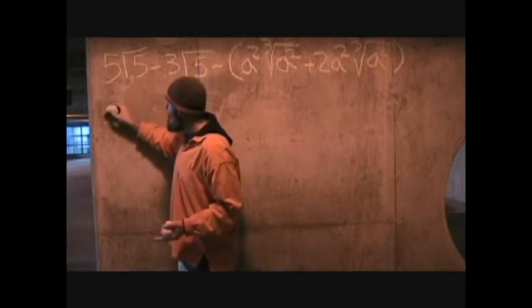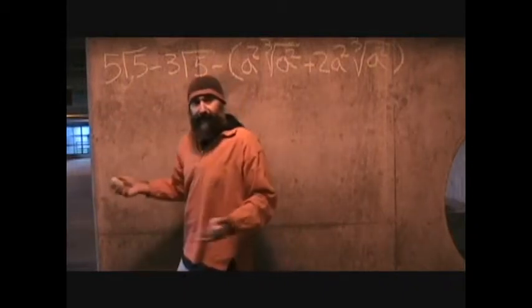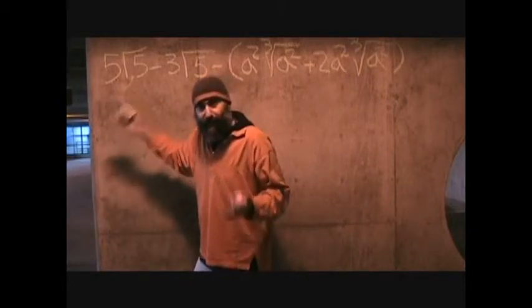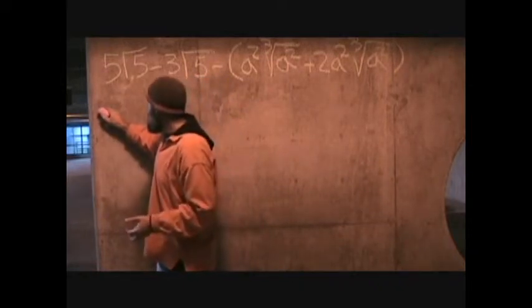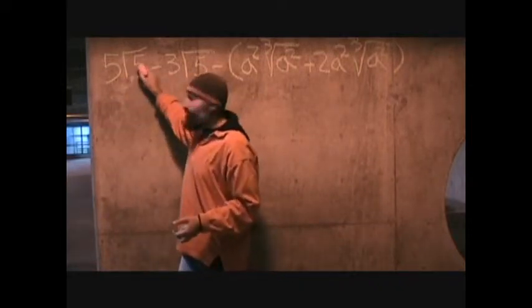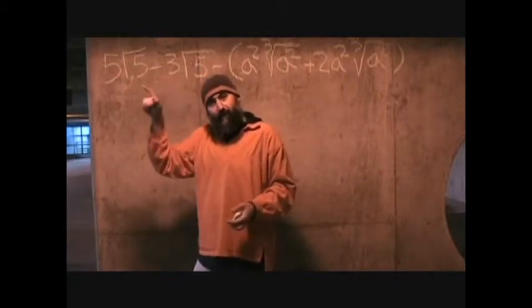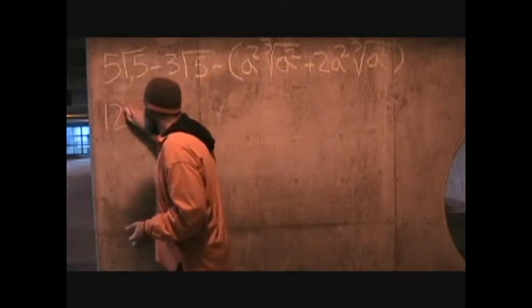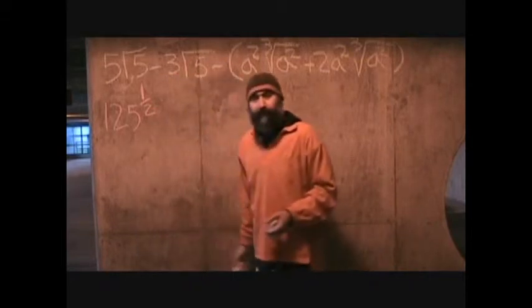So when this comes in, it becomes the square root of, should we write the multiplication? We've gone over this before, so I'm just going to write out what the final answer would be. If we brought it in, it would be the square root of 125, and the square root you could just write as to the power of a half. So I'm going to write this as 125 to the power of a half.